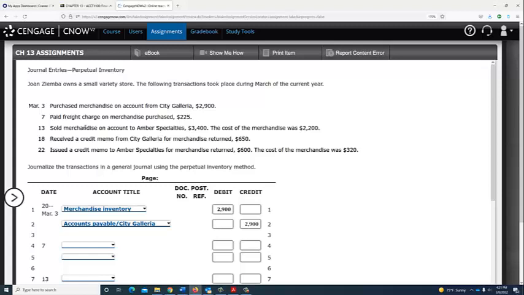And then on the 7th, we paid freight charges on merchandise purchased for $225. Remember, there is not a separate freight-in account under the perpetual method. So those freight charges go straight into merchandise inventory and add to the cost of the inventory.